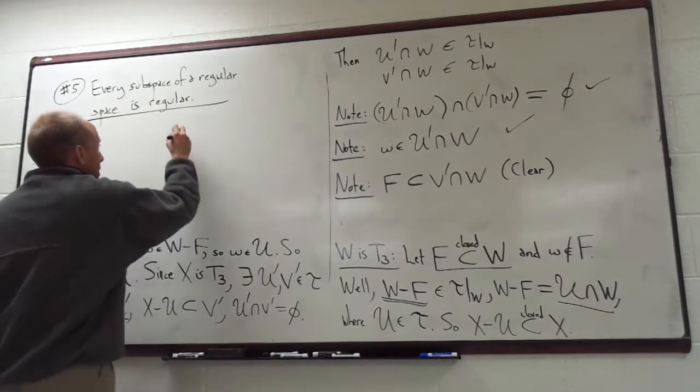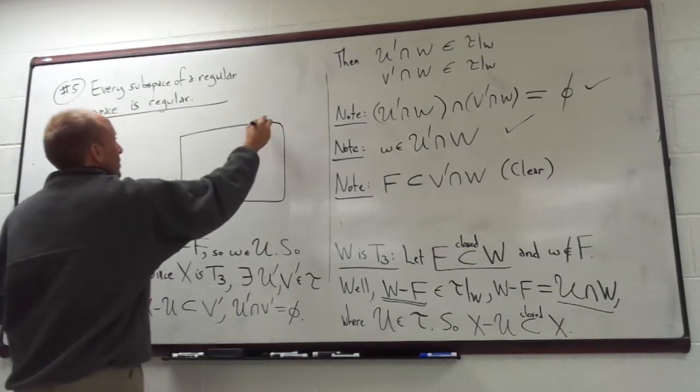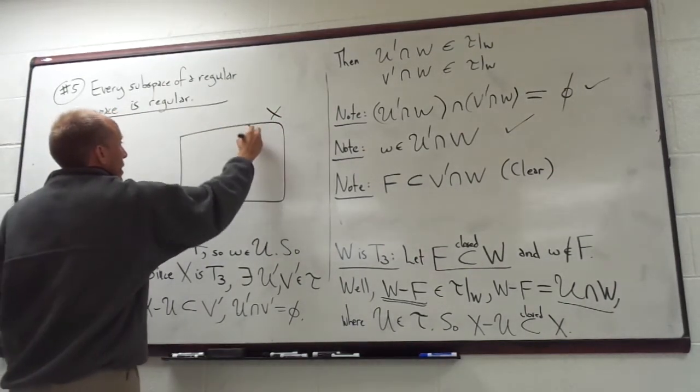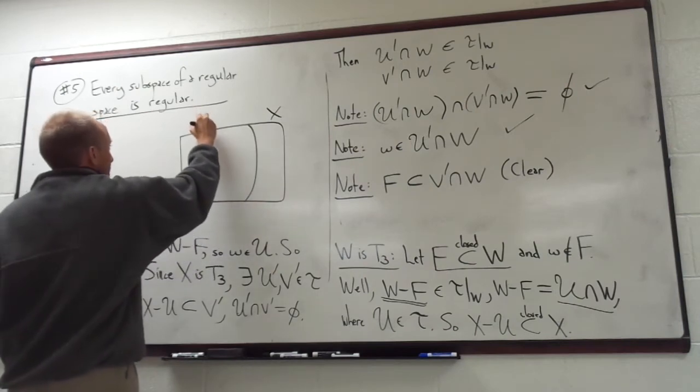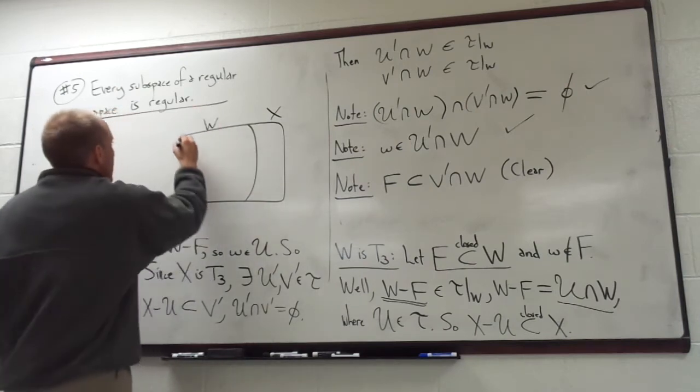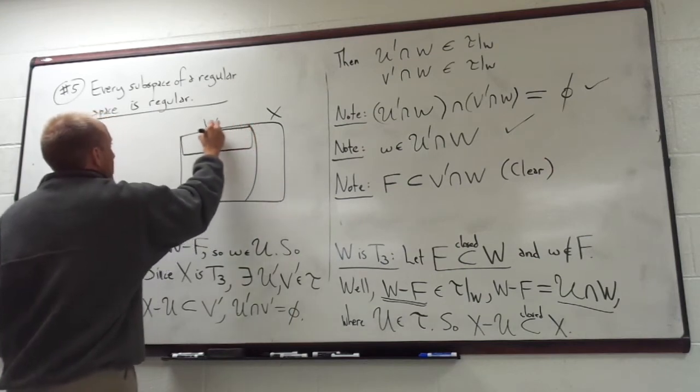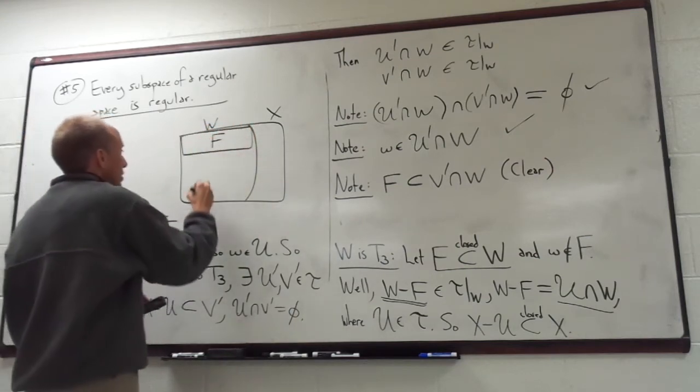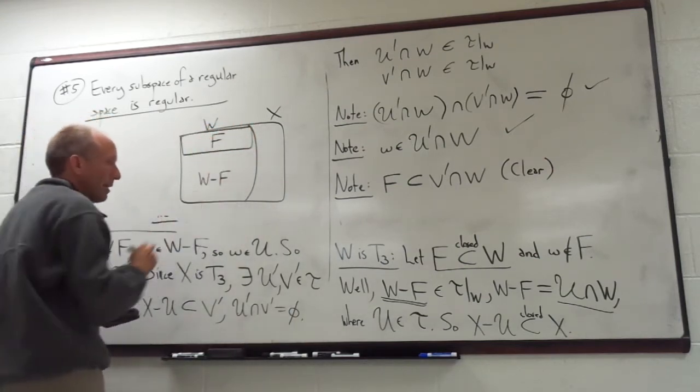So let's say capital X is like this, and let's say W is over here on this side of it. We started off with a closed set capital F. I'm going to put it right there. So W minus F is right here.